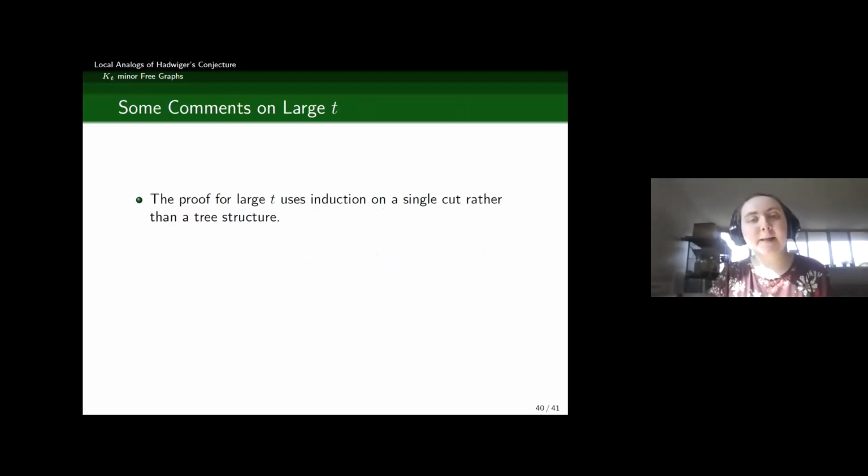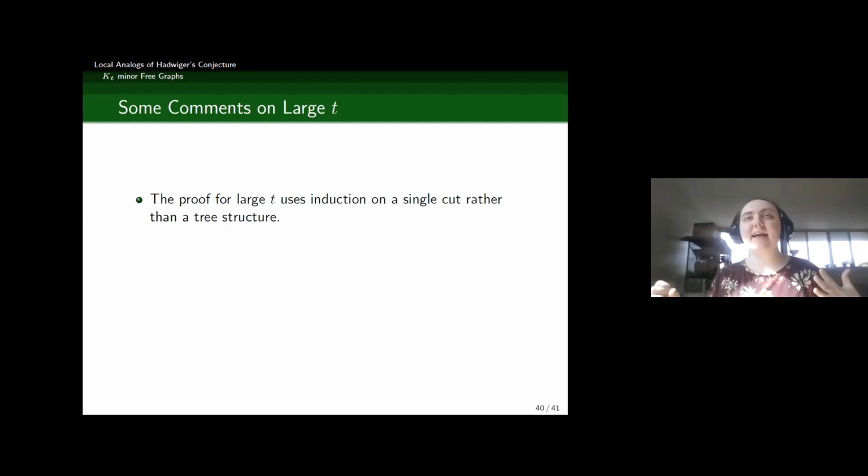So some comments on the large T proof. The proof for large T uses induction on a single cut rather than a tree structure. It's kind of a 2-stage process. First of all, you assume a minimum counterexample, and you show that all its vertices have to have high degree.